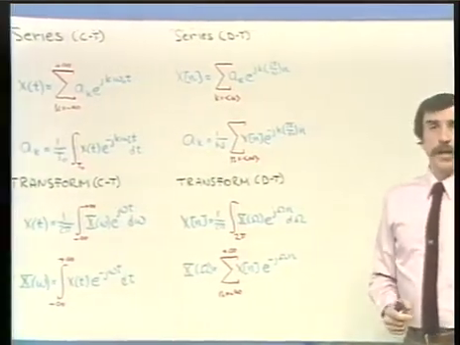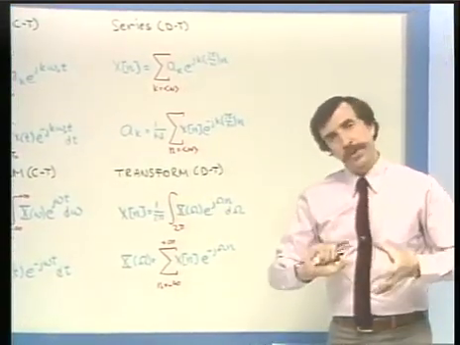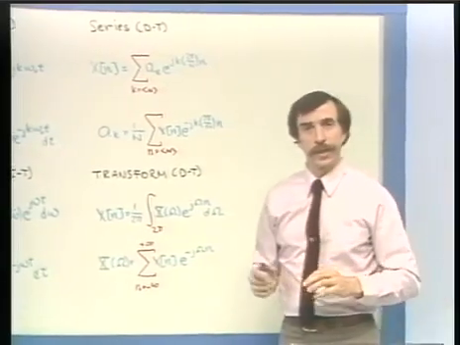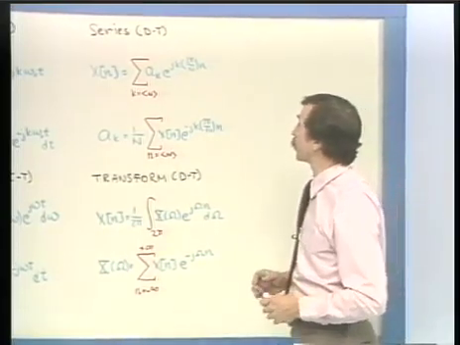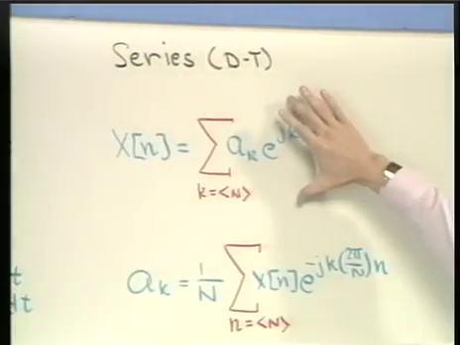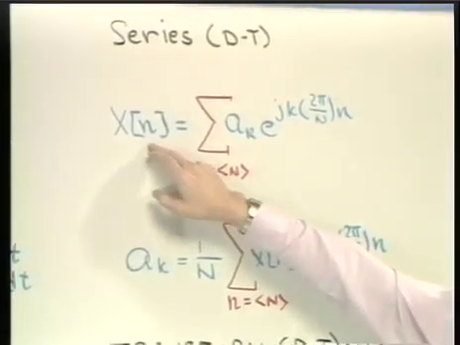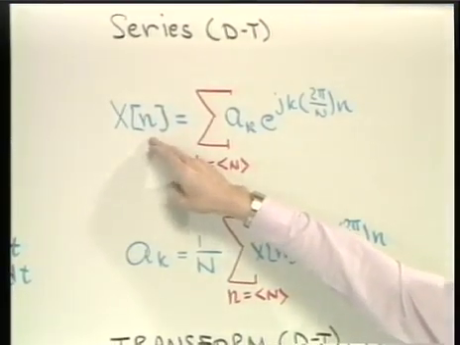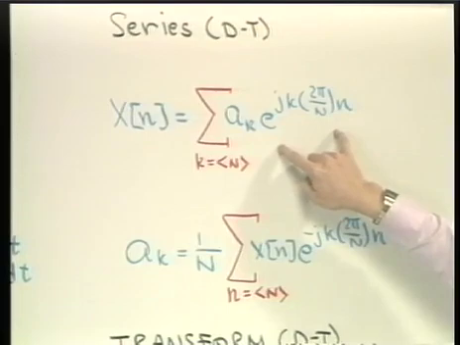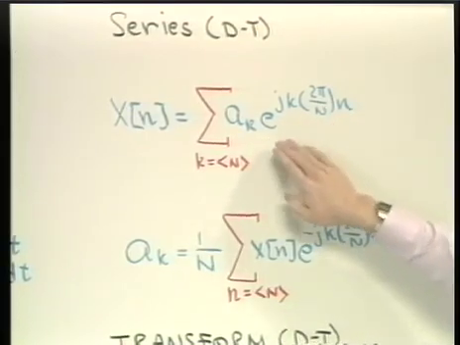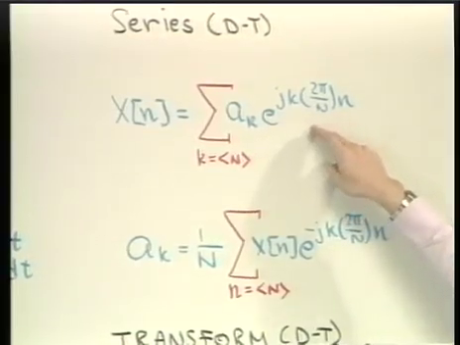The conceptual strategy in the discrete time case was very similar, with some differences resulting in the relationships because of some inherent differences between continuous time and discrete time. We began with the discrete time Fourier series corresponding to representing a periodic sequence through a set of complex exponentials, where now we only required a finite number of these because, in fact, there are only a finite number of harmonically related complex exponentials.